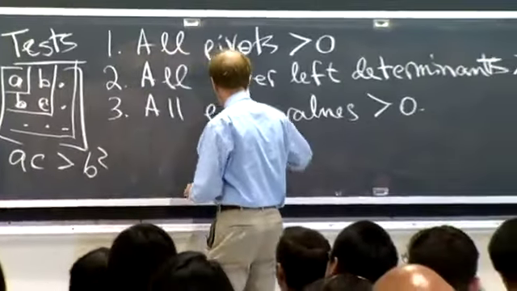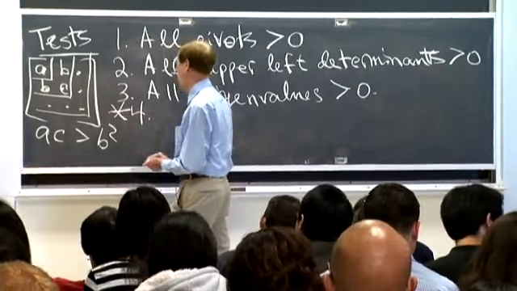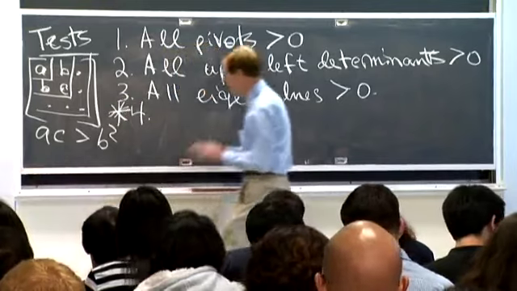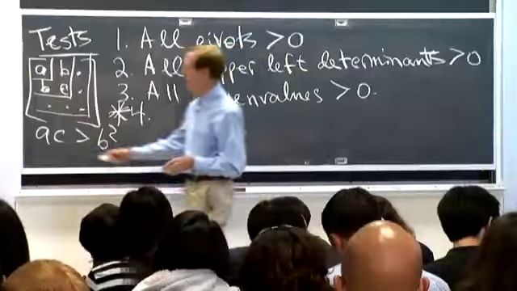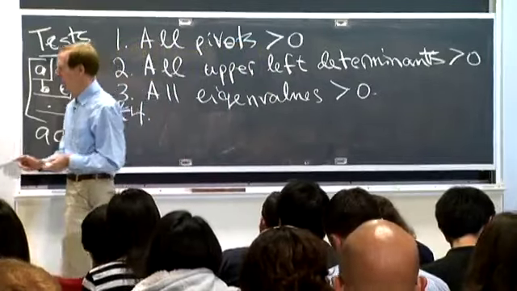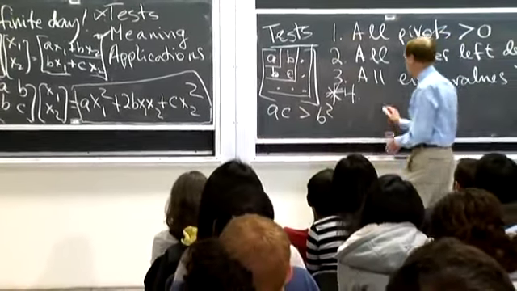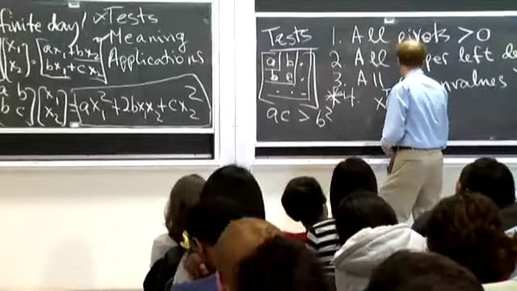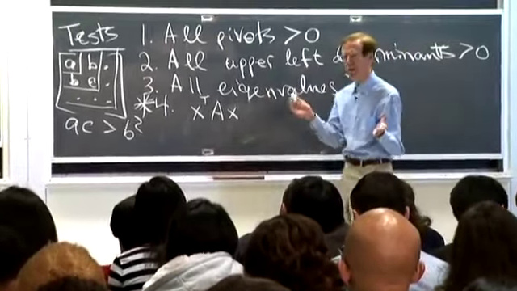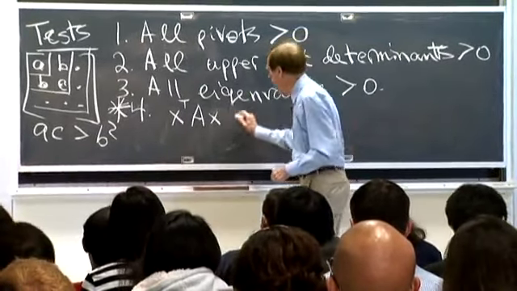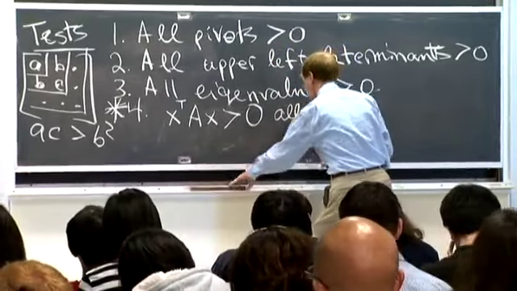So I'll call that number 4, but I'm going to give it a big star, because it's the key. So the test will be, you can probably guess it. I look at this expression, x transpose K x, and if it's a positive definite matrix and this represents energy, the key will be that this should be positive. This should be positive for all x's.